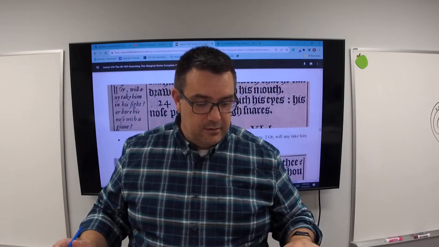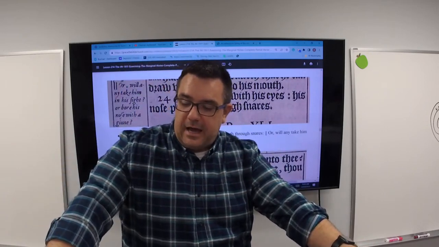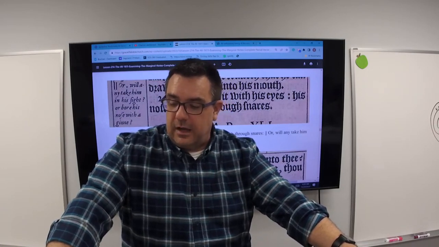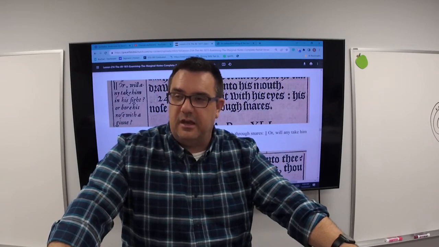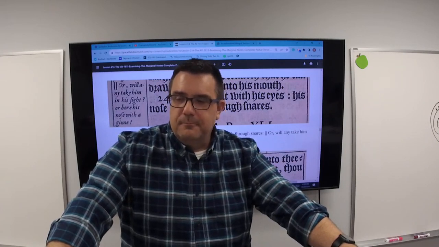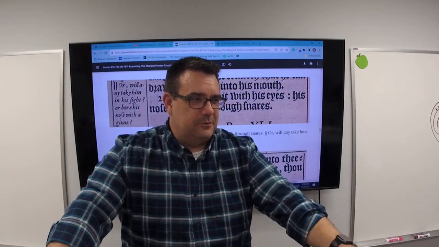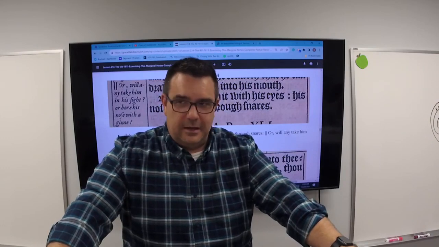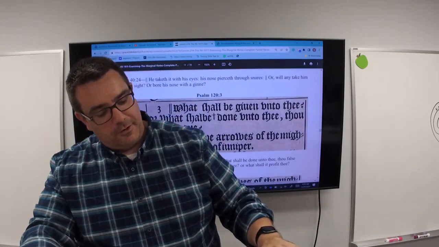Job 40, verse 24. The text reads, "he taketh it with his eyes, his nose pierceth through snares." The margin says, "or will any take him in his sight, or bore his nose with a gin?" That's pierce him through with a, it's talking about the same thing, but it's saying it different, all right? Look at Psalm 120, verse 3.